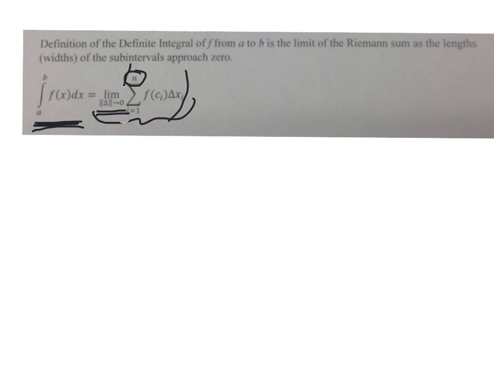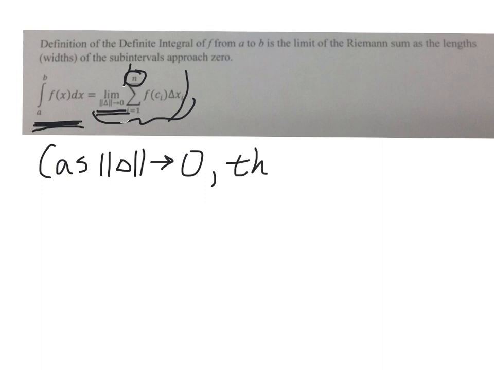Okay, it makes n approach infinity. So we can kind of change the notation to fit our needs. We can say as the mesh approaches 0, then n is going to approach infinity. And we can change the limit then to the limit as n approaches infinity rather than worrying about that mesh. Okay?